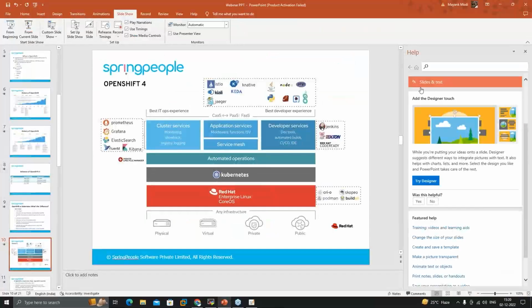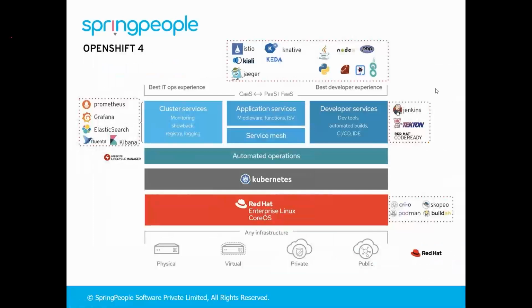Okay. So now I'll show you one more thing. Just a second. I will try to make it bigger so that you can see it. I'll try to demonstrate this particular architecture, how it is actually working, right?